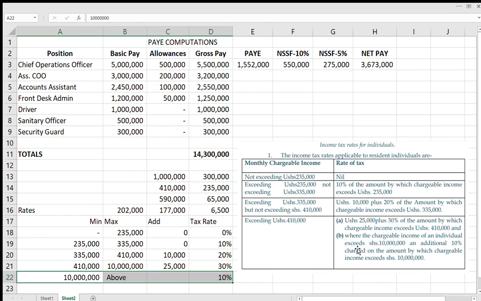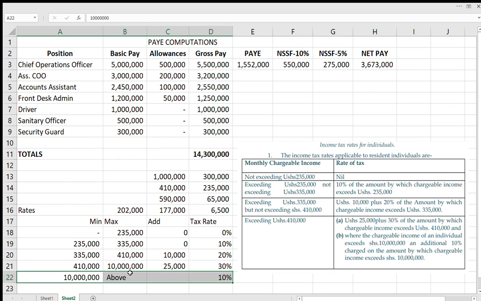This is the situation here that we have as section B, where the chargeable income of an individual exceeds 10 million. Okay, for example, it is 15 million. An additional 10%, additional to what? To the previous situation, which is the one where he has gone above 410,000.